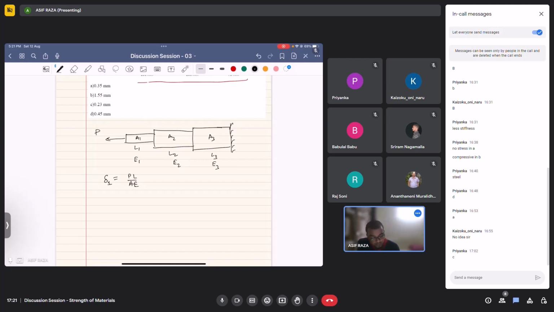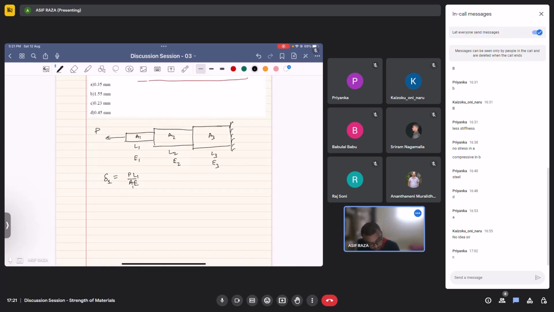If I write it for each stepped section, the deformations would be delta 1 is P L1 upon A1 E1, delta 2 is P2 L2 upon A2 E2, where P2 is P only, and delta 3 is P L3 upon A3 E3.